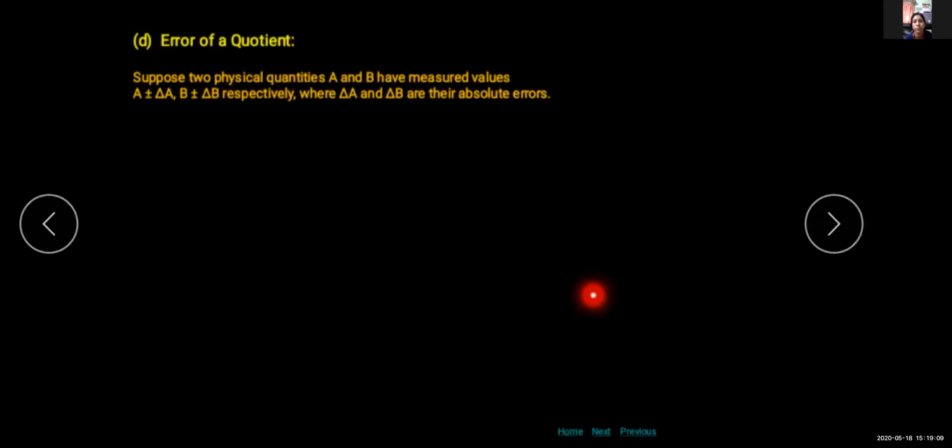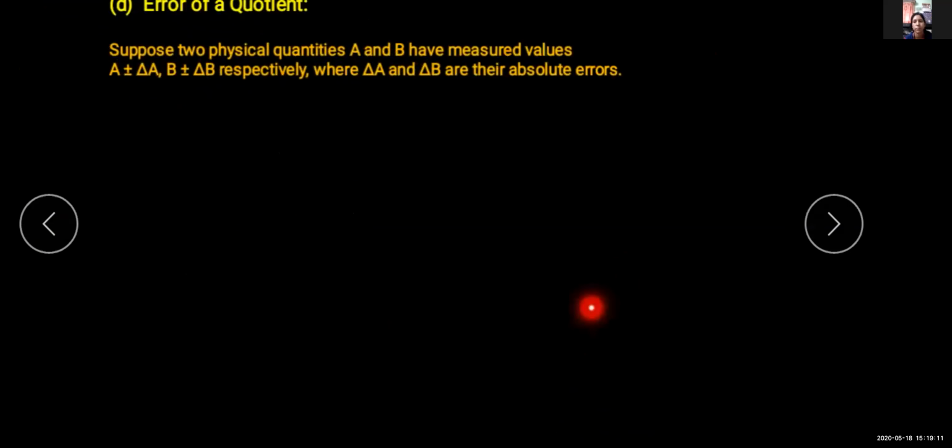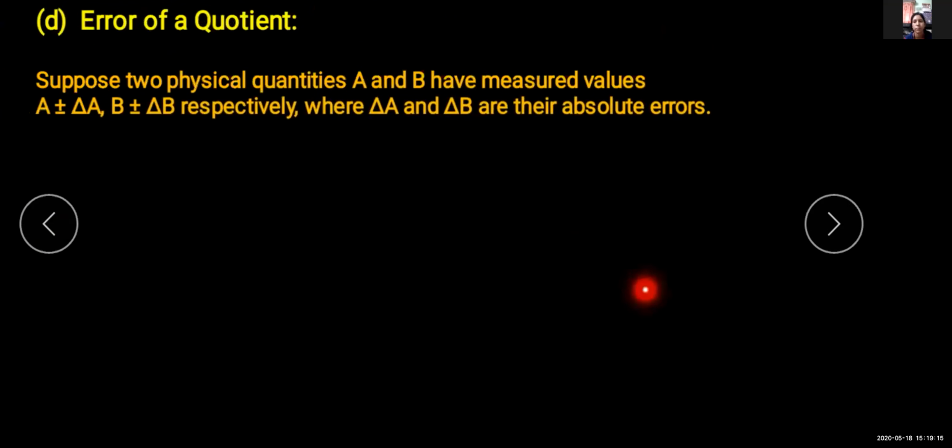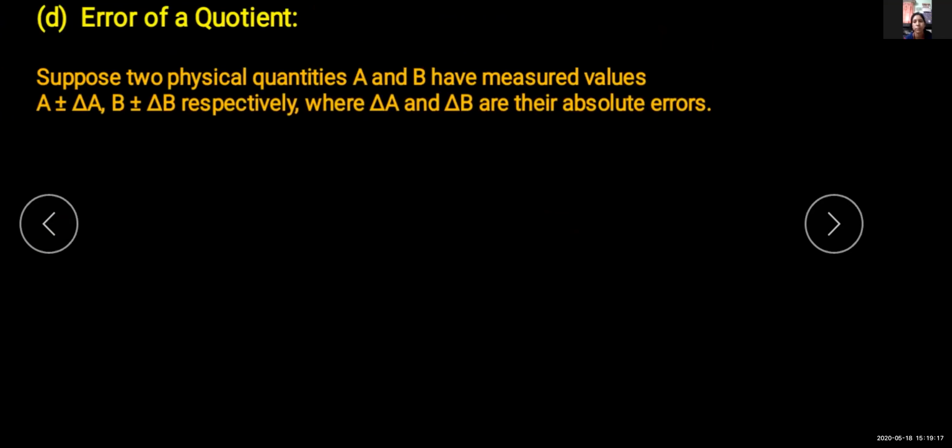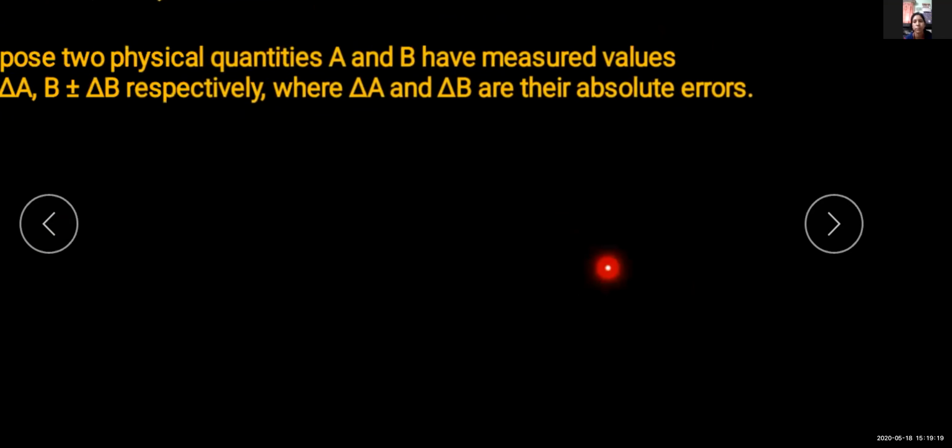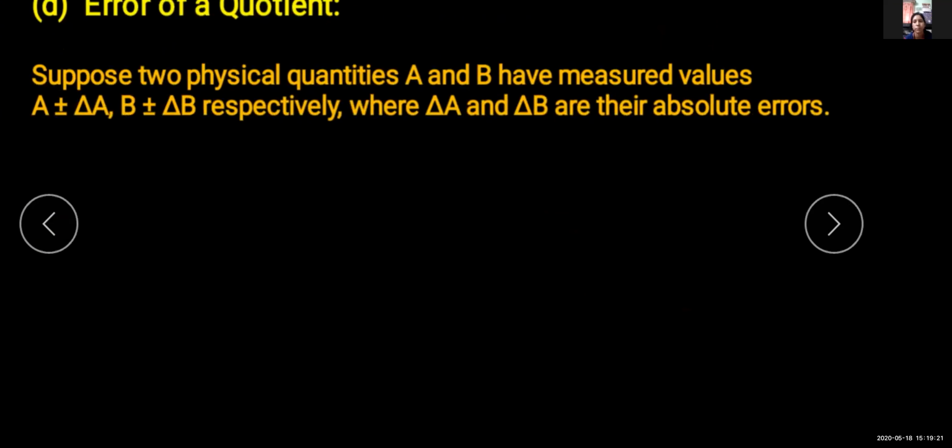Now error in quotient. Suppose two physical quantities A and B have measured values A plus delta A and B plus delta B respectively, where delta A and delta B are their absolute errors.